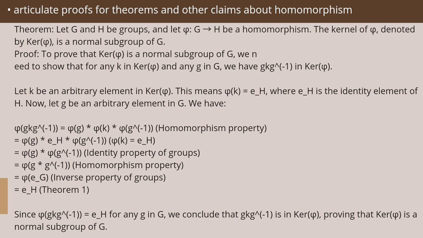That is equal to phi of g times e_H times phi of g inverse, is equal to phi of g times phi of g inverse, the identity property of groups, is equal to phi of g times g inverse, the homomorphism property, is equal to phi of e_G, that is the inverse property of groups, and that is equal to e_H, by theorem 1.